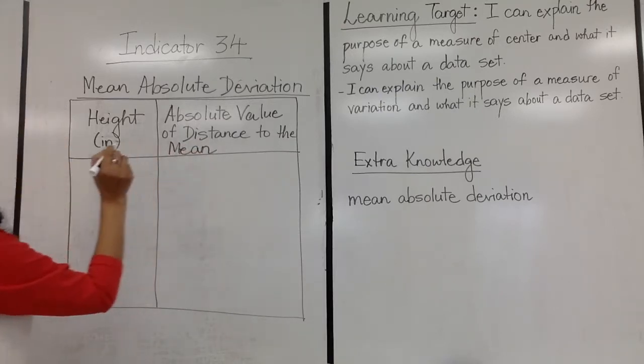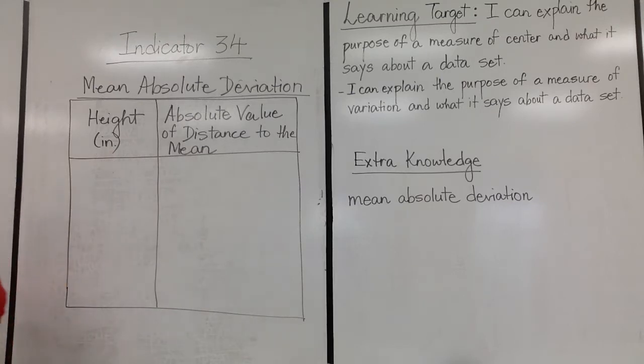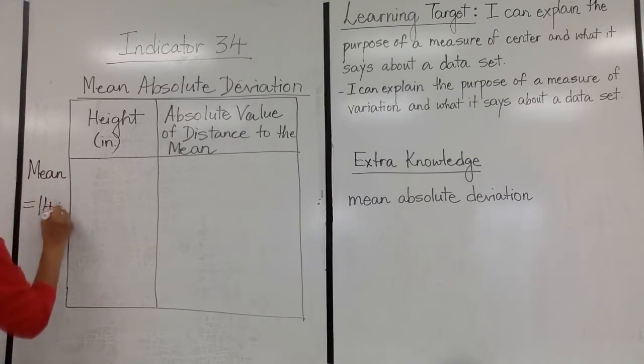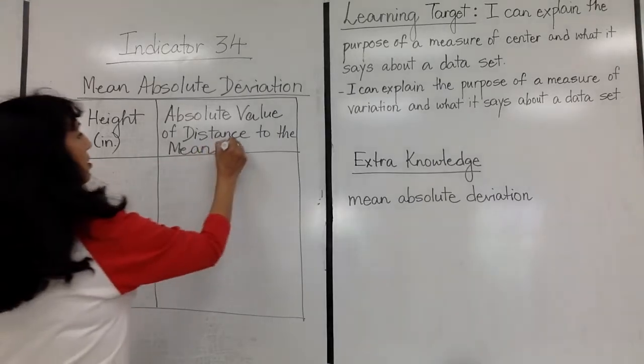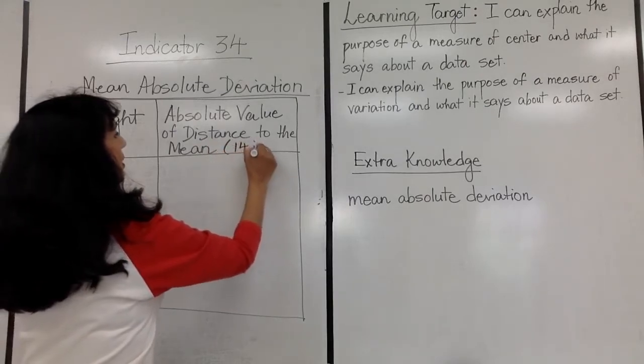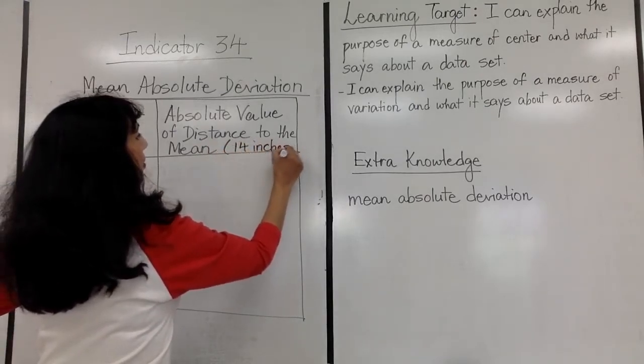And the mean is what? I told you that the mean is 14. Let me put that here: mean of the plant height is equal to 14 inches. So here is the mean, and I'm going to write that here also. Mean is 14 inches.